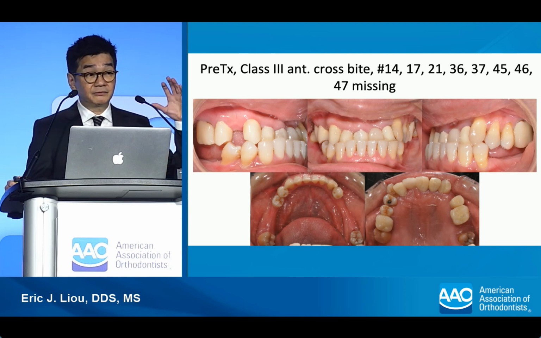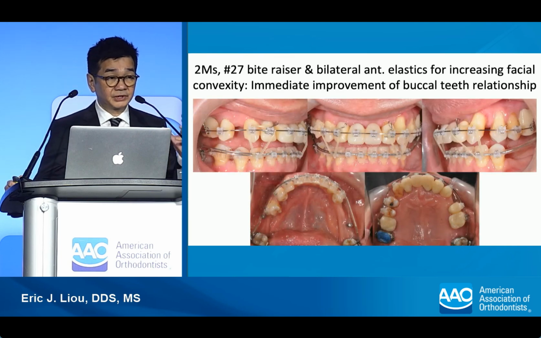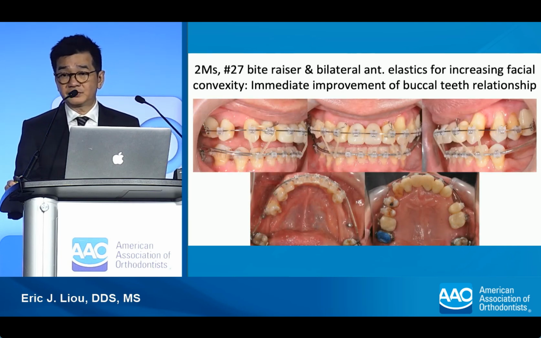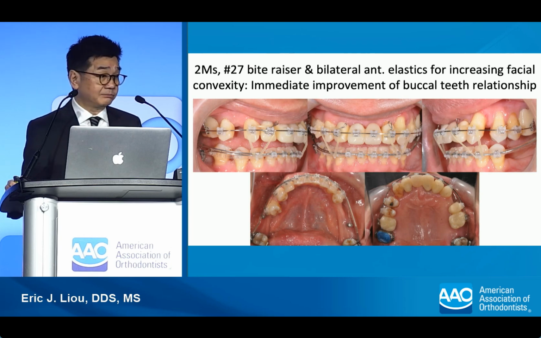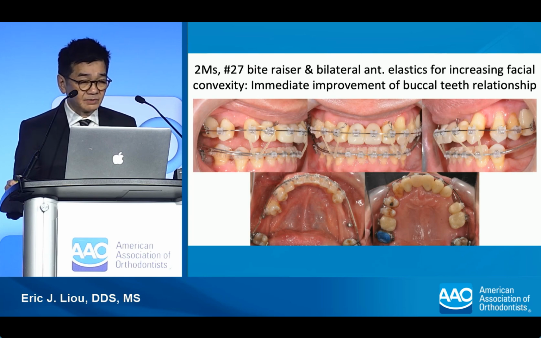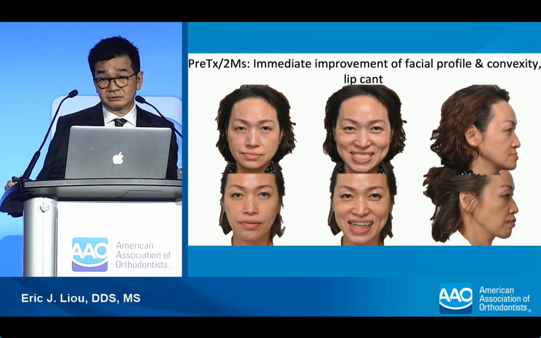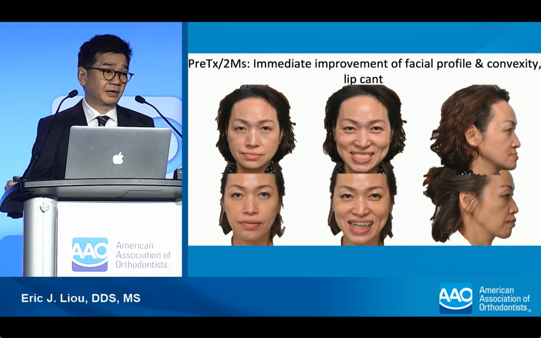So because of the facial convexity, the first aim for this patient, of course, is to increase her facial convexity. So the first step will be to put on the BioRazor and put on intermaxillary elastics. You can see immediately after I put in the BioRazors, her face changed already.